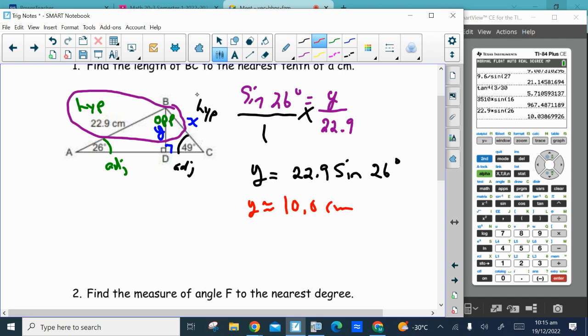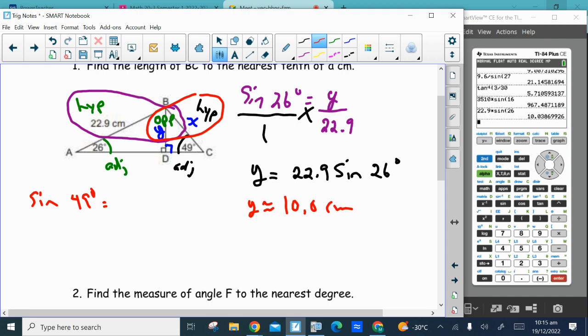And so in this case, we are going to use the opposite and the hypotenuse again. But it's a different triangle, and it's a different angle. But the ratio will be the same, because only sine uses opposite and hypotenuse. The angle is 49 degrees, though, because now we're using a different triangle.